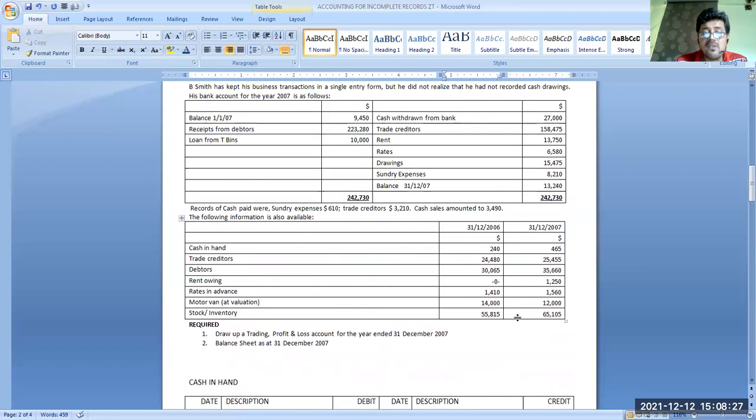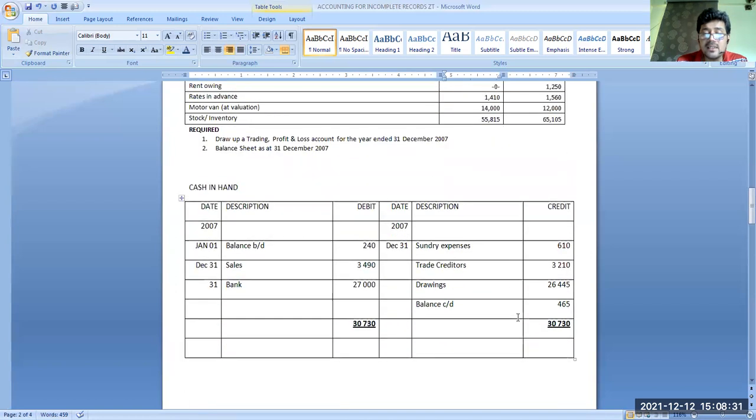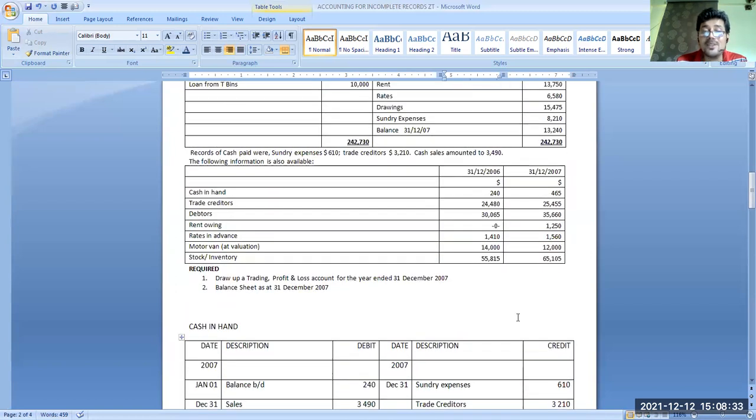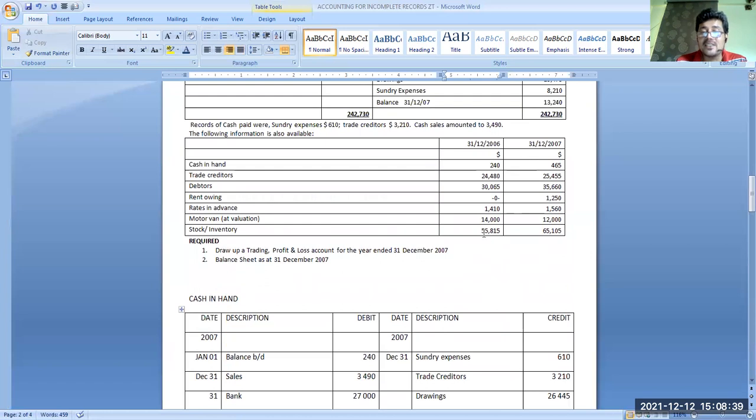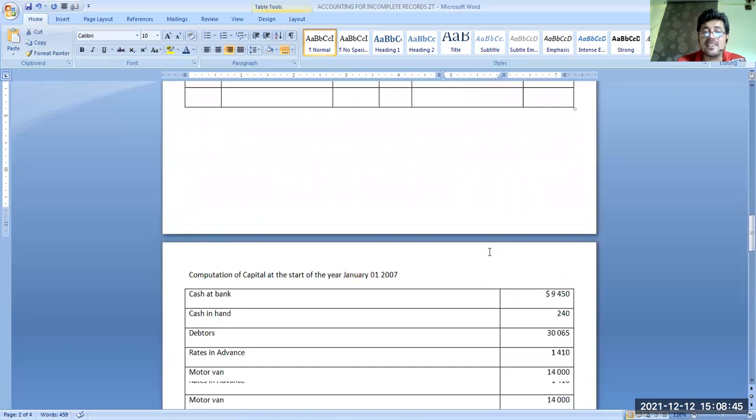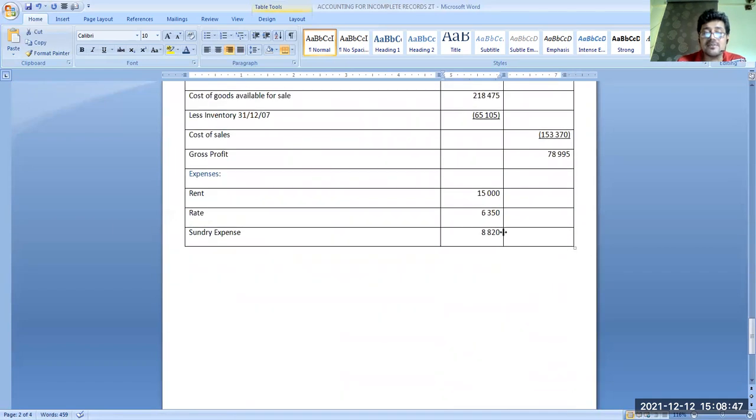After that, what is left? Do you know? One hidden expense is depreciation. See, motor valuation at the start of the year is 14,000, but at the end of the year is 12,000. It means 2,000 is depreciation.